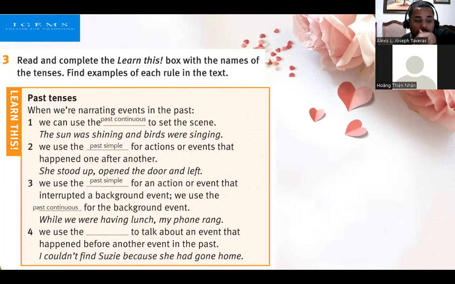We use the past continuous for the background event. Example, can you read this example for me? While we were having lunch, my phone rang. Okay.